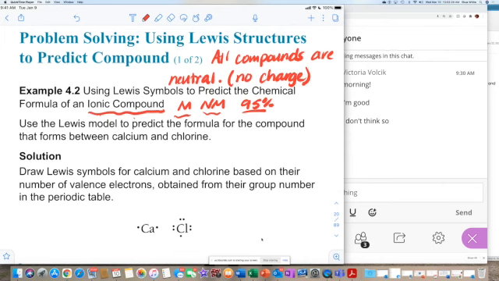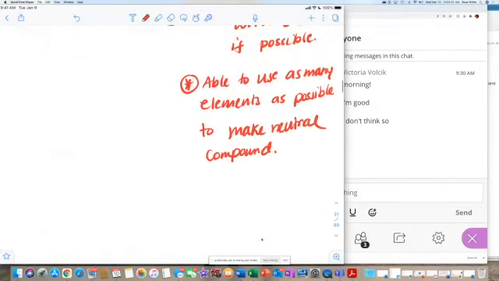So if we're dealing with ionic compounds and we're going to be making charged ions, because ions are charged, then we are allowed to use as many elements as possible because our goal is also to make a neutral compound. Anytime you try to make a compound, the compound has to be neutral.